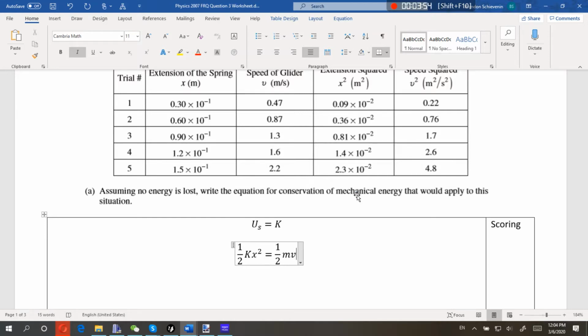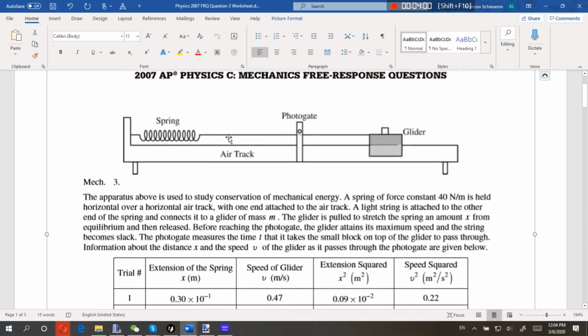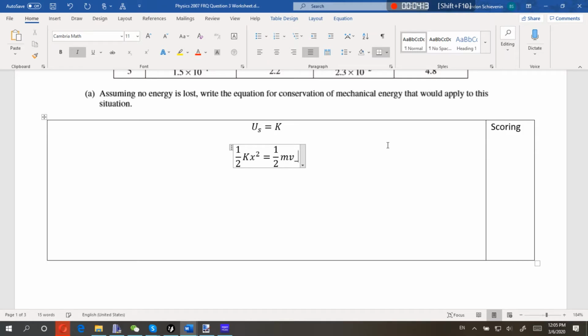Okay, and then where will that v be? We've got a lot of different velocities as we go, but at maximum. I'm just going to subscript that f for final.